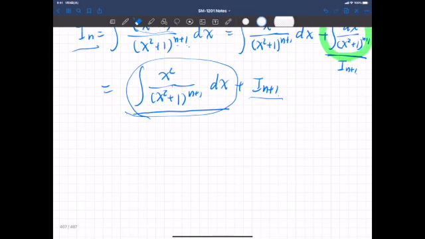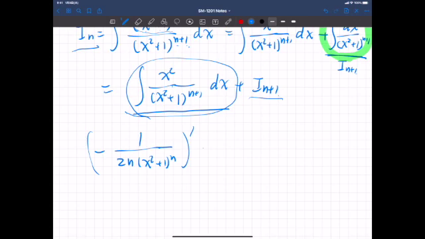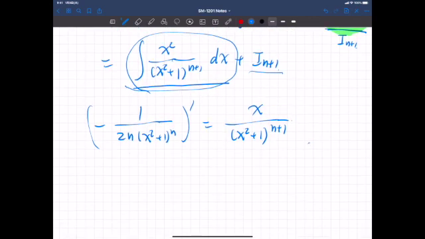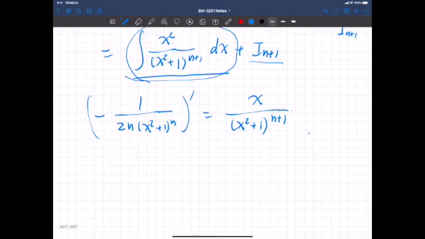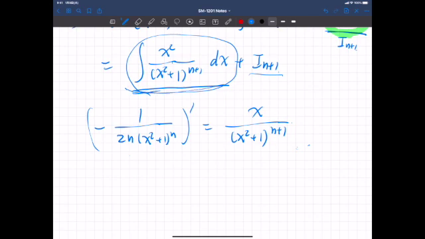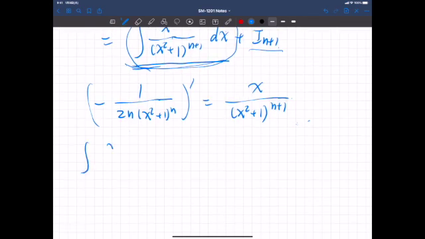Okay, so the next question is, how do we evaluate this one? To do that, first note that this one is negative 1 over 2n times (x squared plus 1) to the power of n. So if we differentiate this, we have x over (x squared plus 1) to the power of n plus 1. Okay, you should check this. It should be easy using the chain rule. Anyway, we want to use this, and so this integral becomes the integral of x squared over (x squared plus 1) to the power of n plus 1 dx.